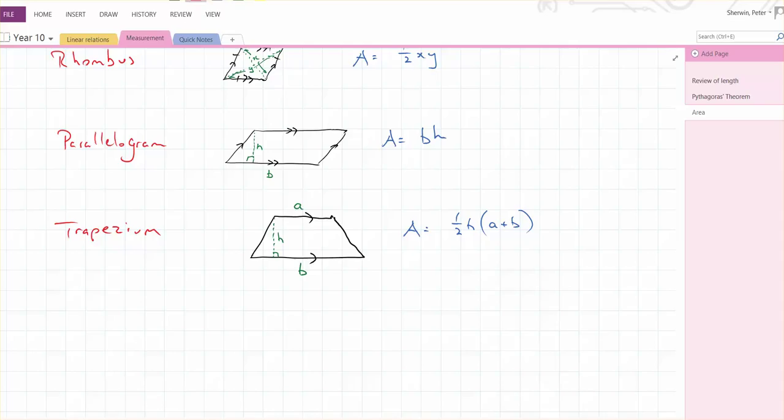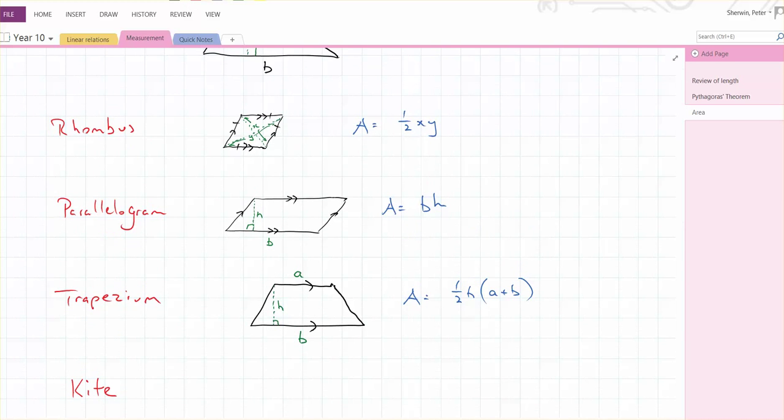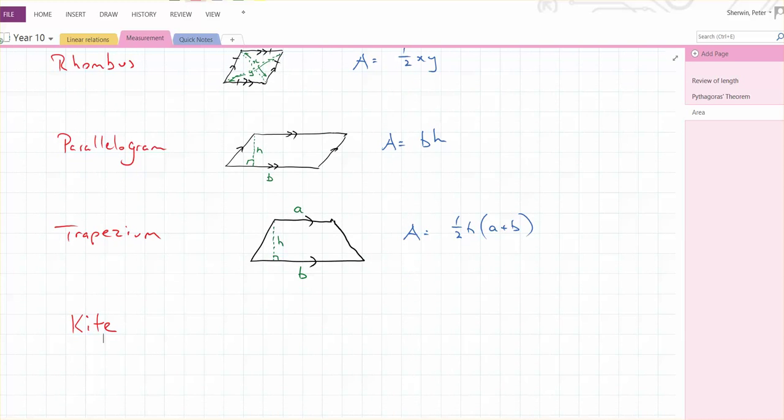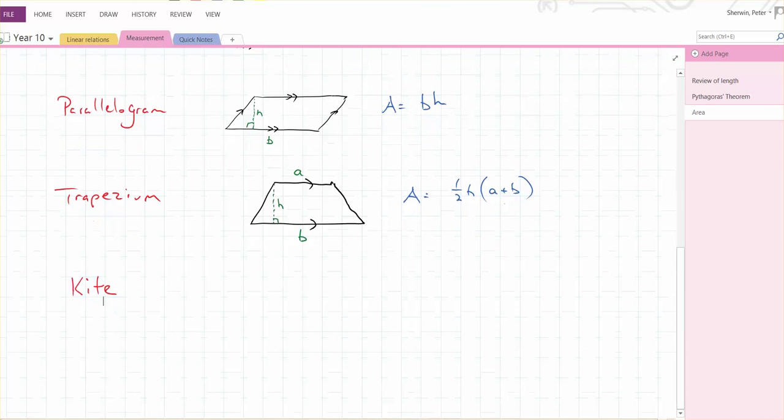We're going to do kite. Now the kite is a rhombus without the sides all being equal. So we've got a pair of adjacent sides that are equal. So this side will equal this side, and this side will equal this side. So the adjacent sides are equal.